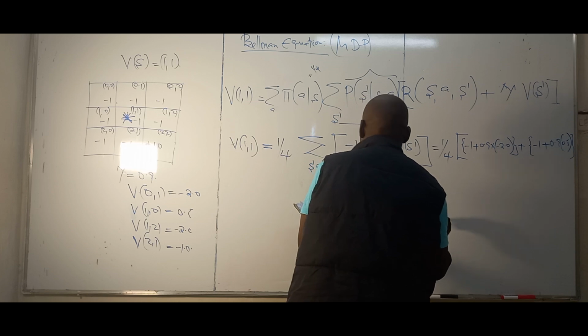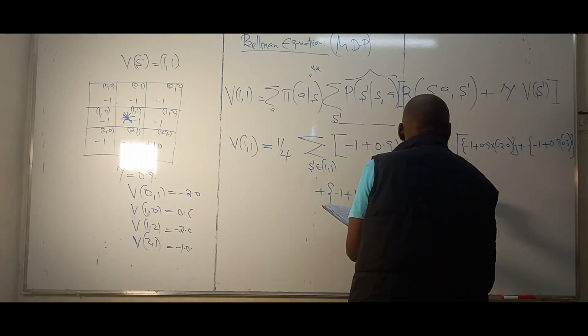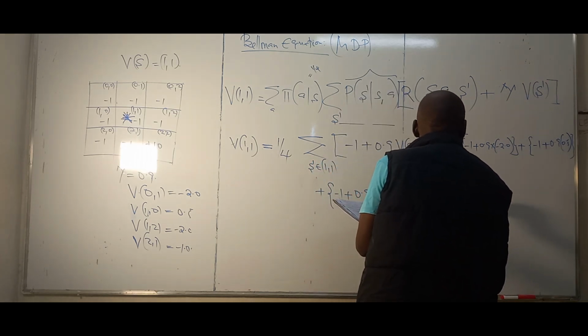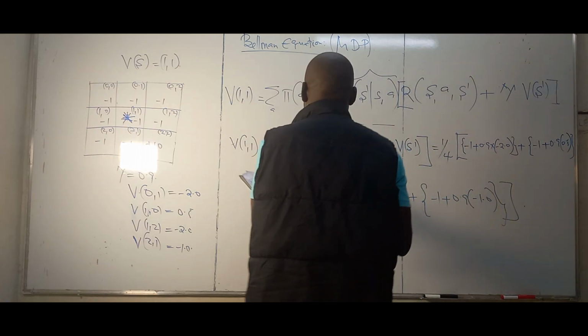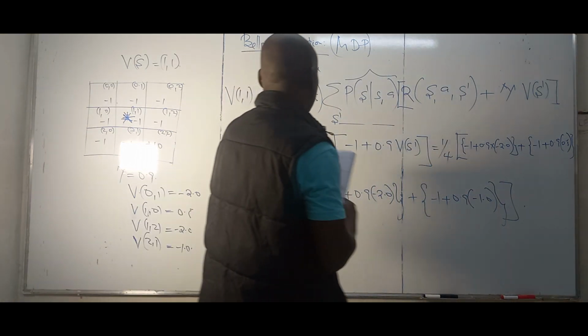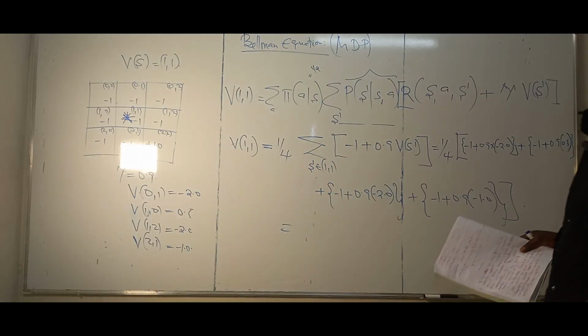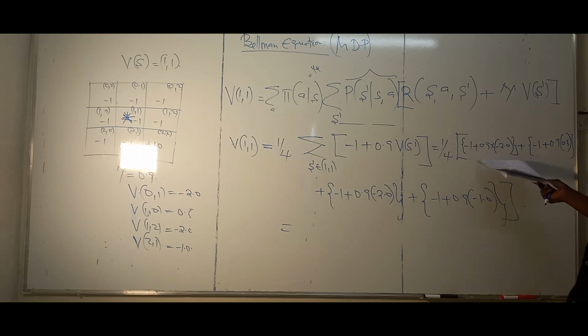Then plus, again, negative 1 plus 0.9 times negative 1.0, like that. Then I have this.